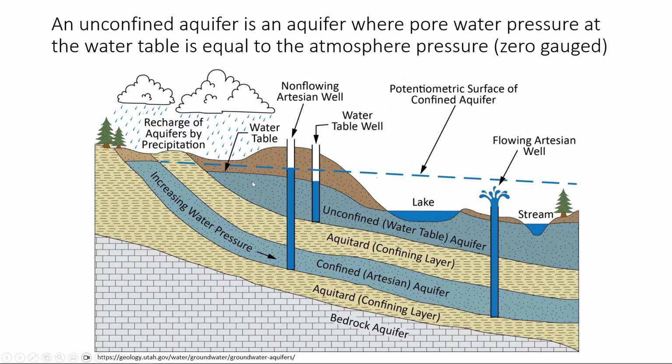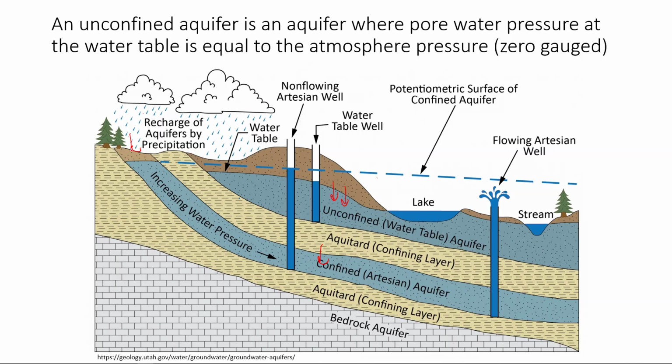I want you to understand the difference between an unconfined aquifer and a confined aquifer. A confined aquifer does not get directly recharged from the land surface, but is recharged somewhere upstream.